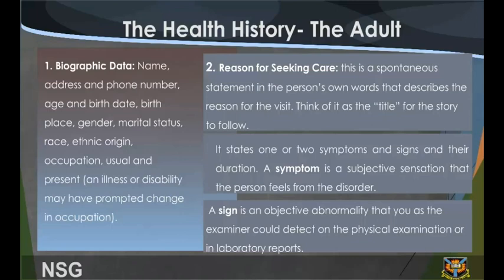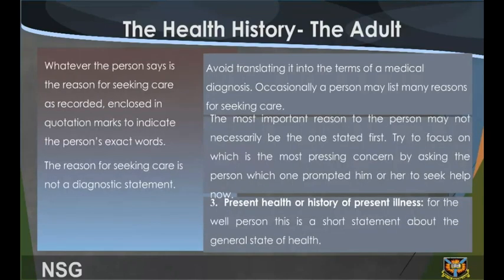A sign is an objective abnormality that you, as the examiner, would detect on the physical examination or in laboratory reports. Whatever the person says is the reason for seeking care is recorded, enclosed in quotation marks to indicate the person's exact words.